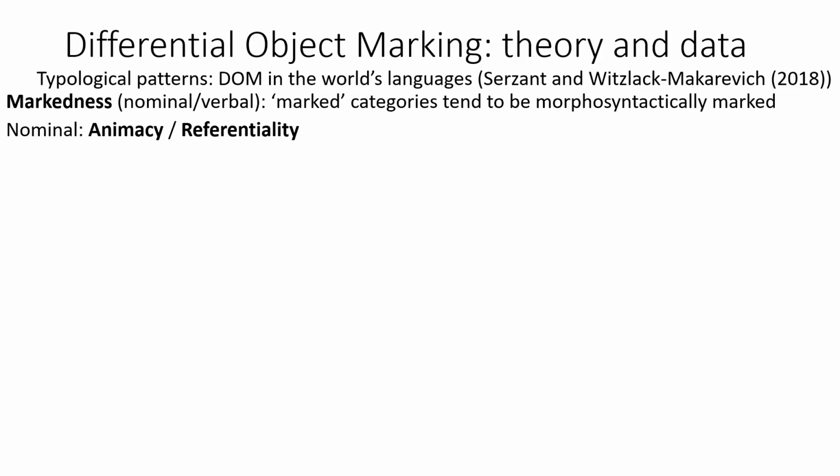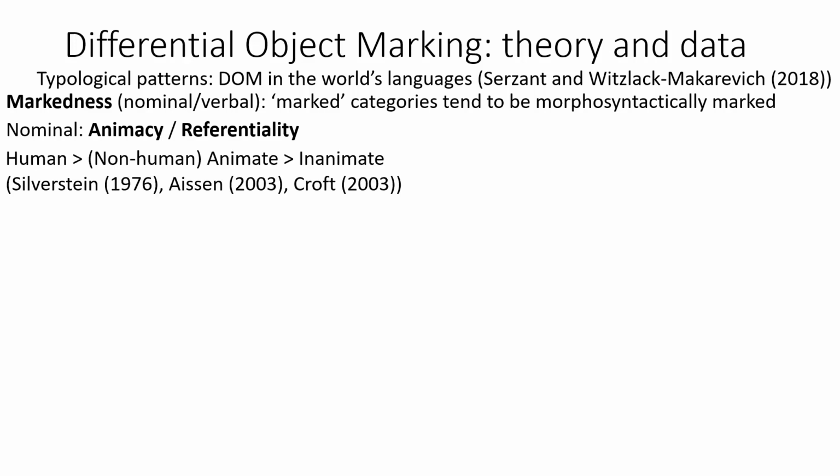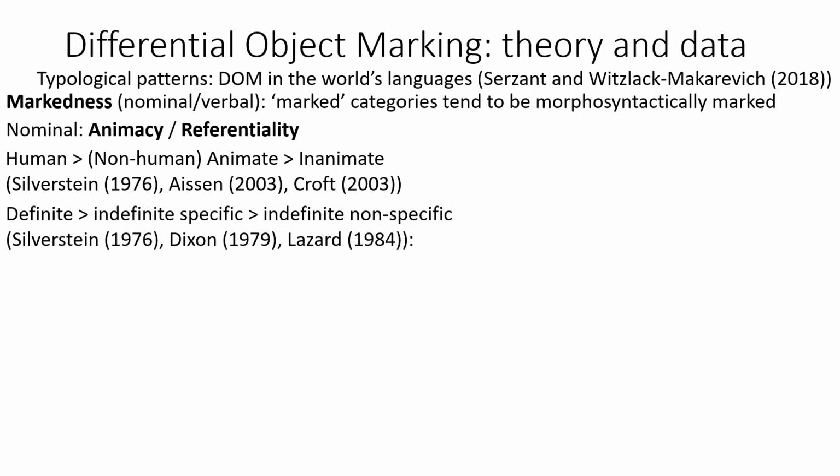Nominal markedness. There are two main factors: animacy and referentiality. There are many different scales that have been proposed, but for animacy, I suppose it's human, animate, and inanimate. So human is the most marked, and inanimate objects are the least marked. So we would expect marking on human objects, followed by non-human animates, etc. For referentiality: definite, indefinite specific, and indefinite non-specific.